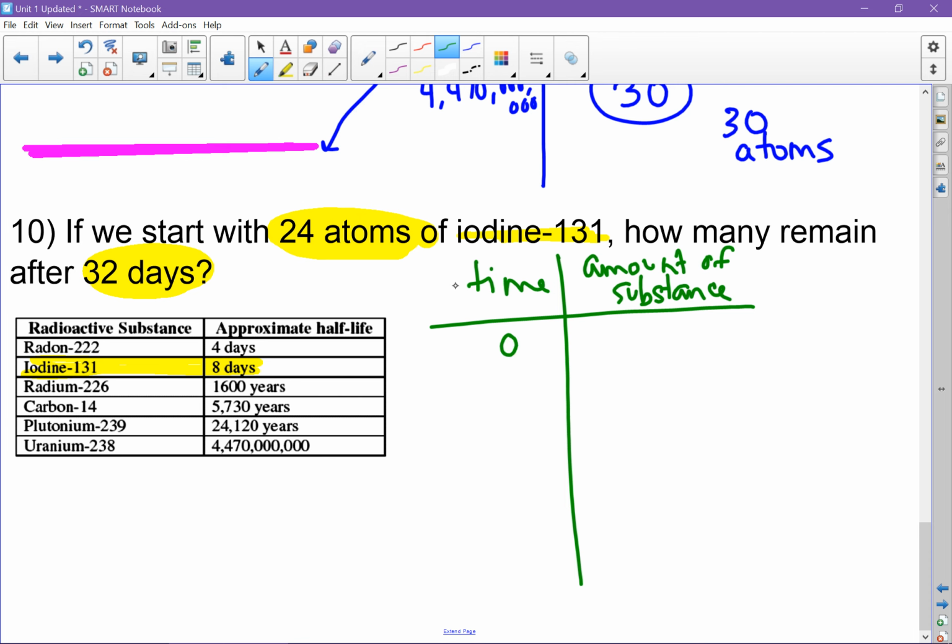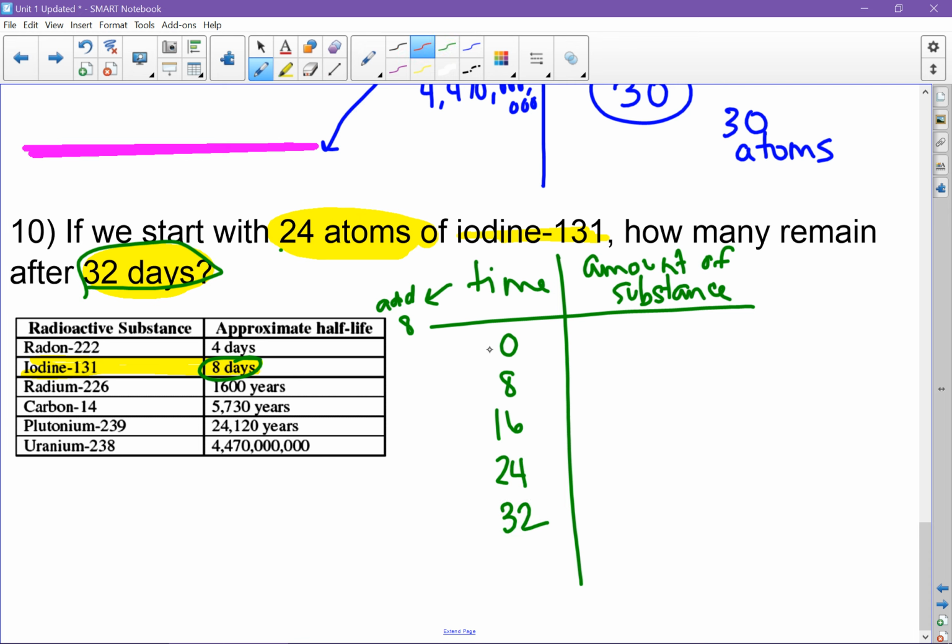Time always starts at 0, and we are going to add, and the half-life that we're given here is 8 days. So we're going to add 8 until we get to this time number that we were given. So 0 plus 8 is 8, plus 8 again is 16, keep going, add 8 again, you get 24, add 8 again, now we hit the 32.